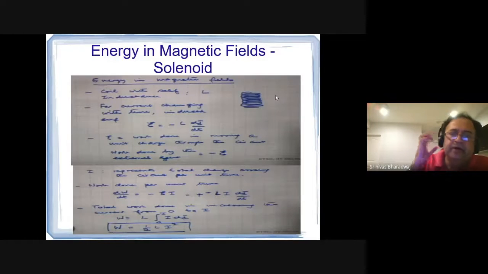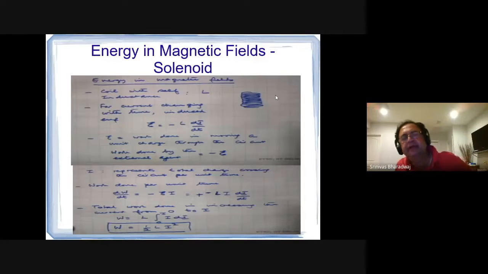And in terms of total work done in increasing the current from 0 to I, what is the work done? The EMF V times I is the power. The V is L di by dt, so V times I, L di by dt times I, will give you the power.